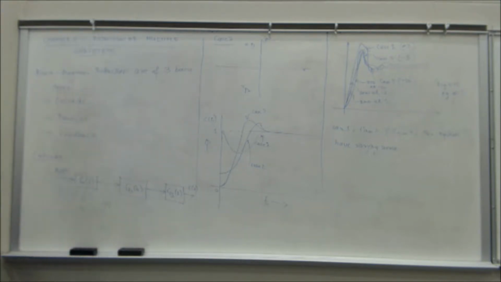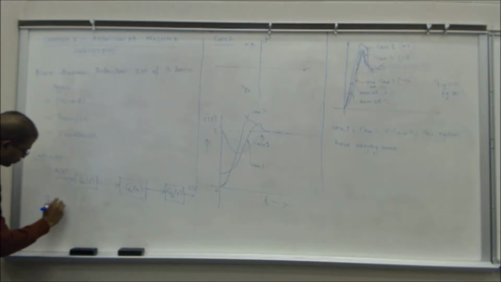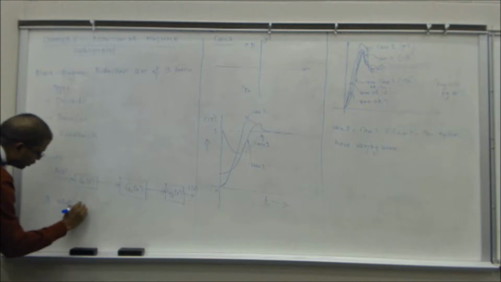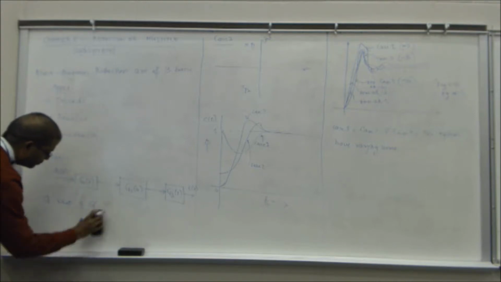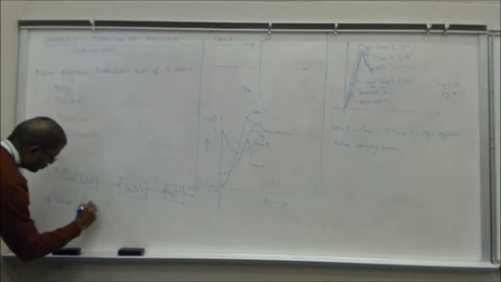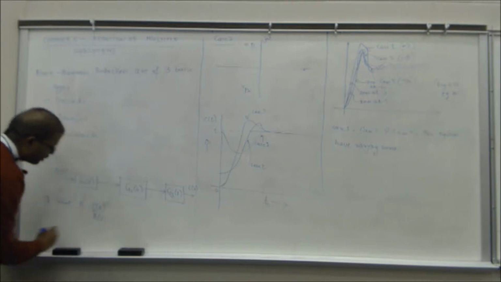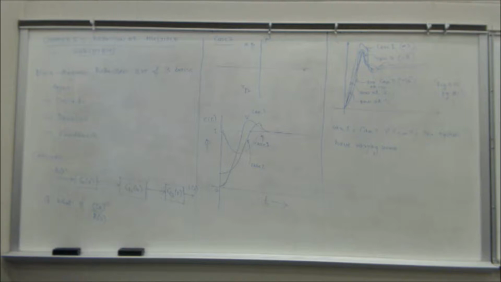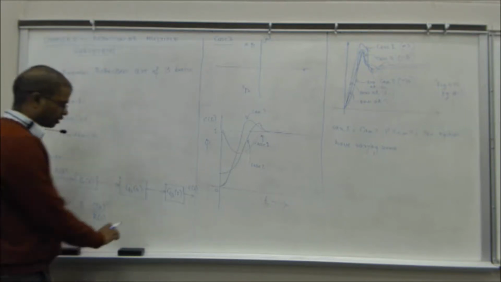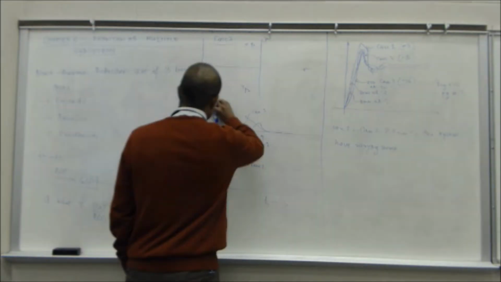So your goal here, in all these block diagram reductions, you will be asked to find, the question would be something like this. What is C of S over R of S? What is the transfer function which will combine these blocks and give you one transfer function?